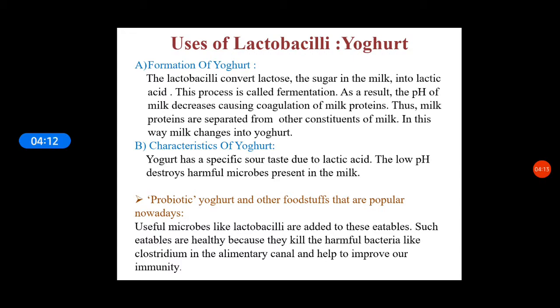Coagulation means a liquid turns into a solid or semi-solid state. And after the coagulation, milk proteins are separated from other constituents of milk. And here milk changes into yogurt.